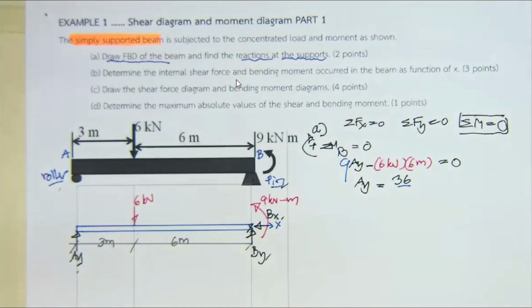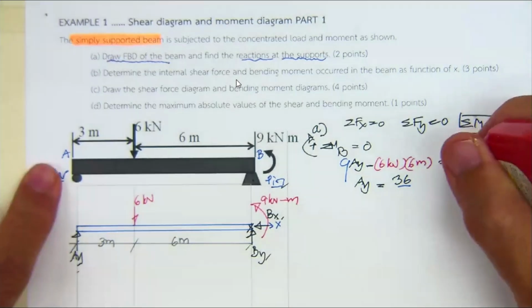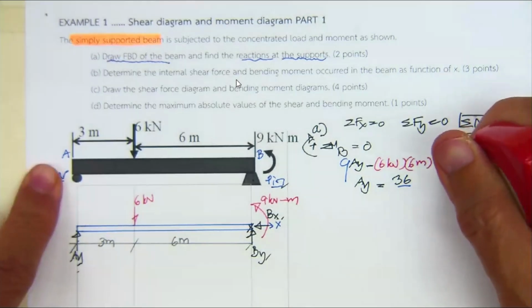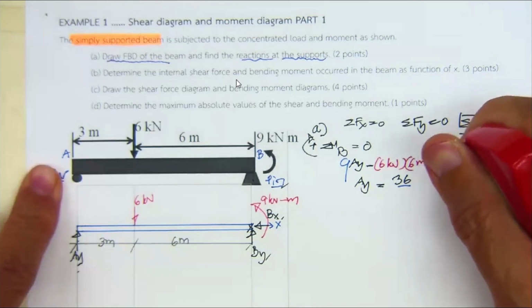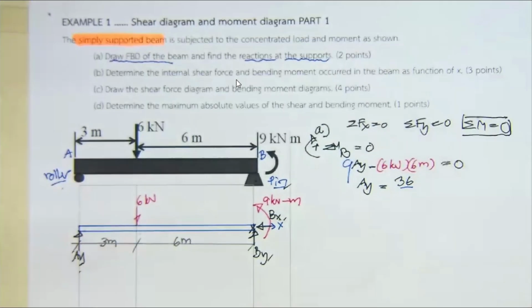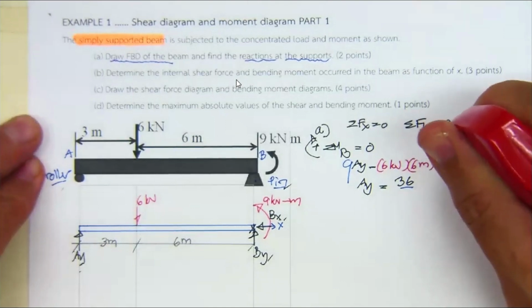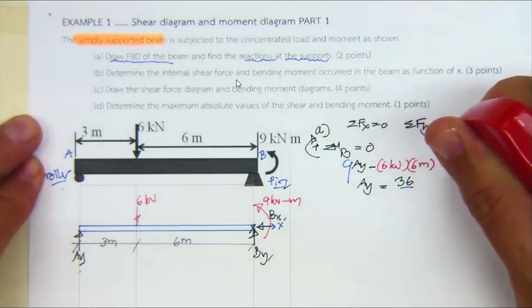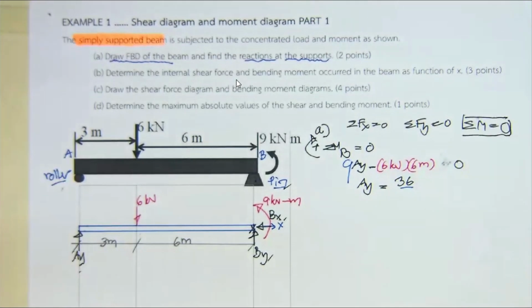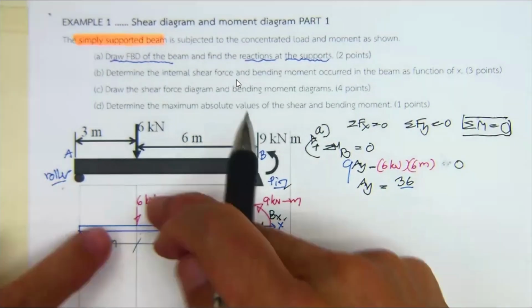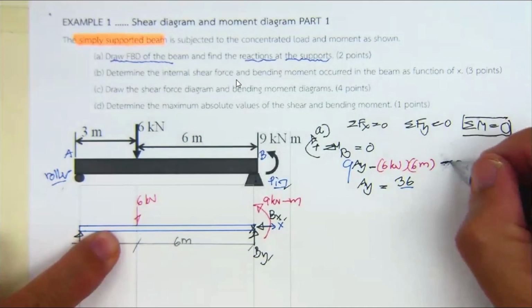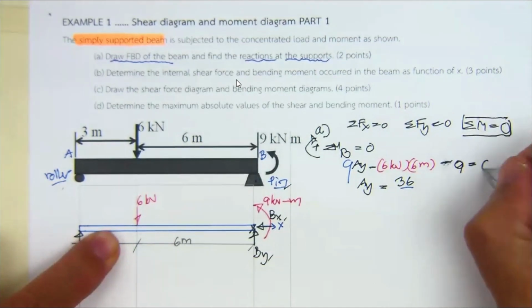So this one you have to get to be minus 9 kilonewton meter. This one is minus, in the opposite direction. Minus 9 equal to 0.